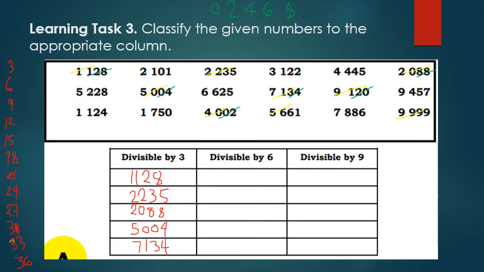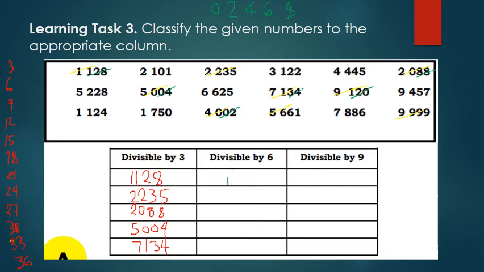Ang 5,661 nagtatapos sa 1, wala dito. So, hindi siya divisible sa 2, hindi rin siya divisible sa 6. And yung 9,999 nagtatapos sa 9, wala dito. So, hindi siya divisible sa 2, hindi siya divisible sa 6. Okay po. So, yung mga nakamarka ng green, pwede nyo na siyang isulat doon sa column ng divisible by 6.